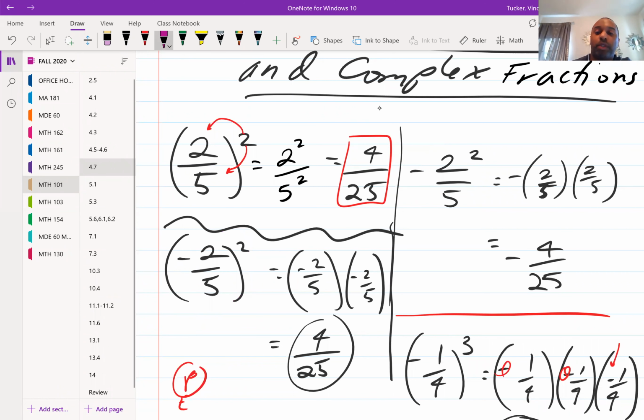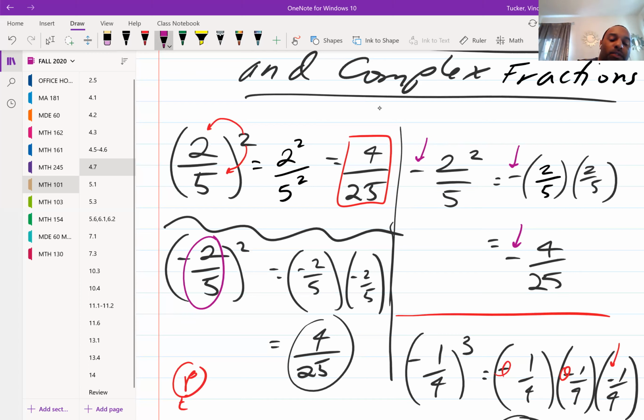If we don't use the parentheses, the only thing that's being squared is the 2/5. So that means if you don't use parentheses, that negative that's sitting on the outside stays sitting on the outside and is never affected by the square. So that's negative 2/5 times 2/5, and that'll be a negative 4/25.